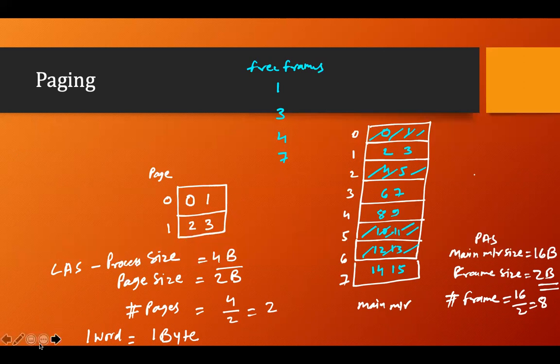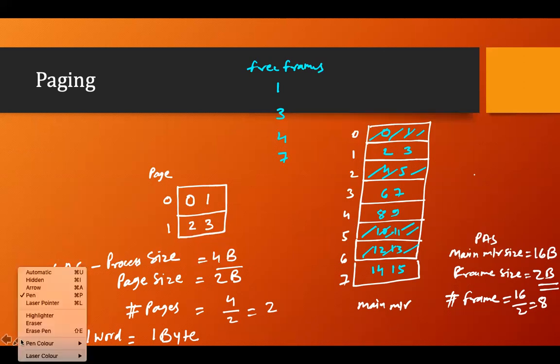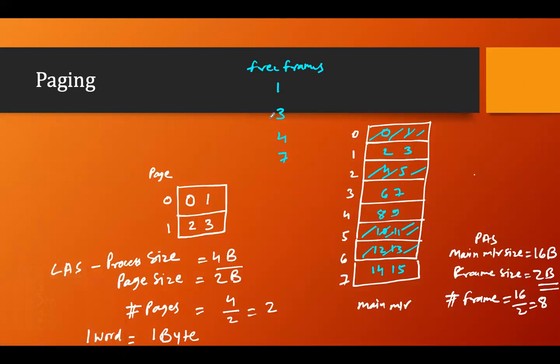Now, let's assume that we are doing the mapping of the frames with the pages. Let's say in this place we have occupied page number 0, and here we have occupied page number 1. When we occupy page number 1 here and page number 0 here, what are the free frames right now?